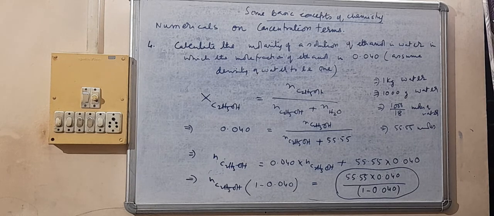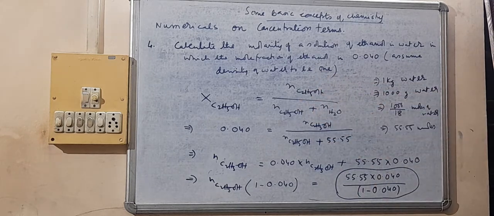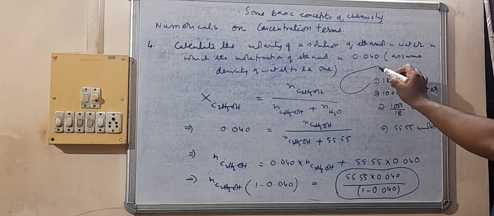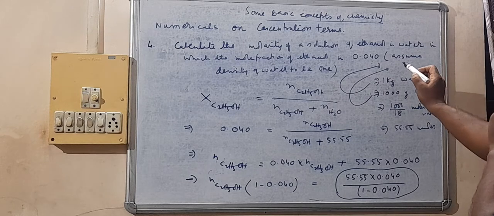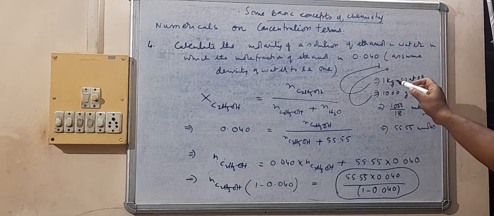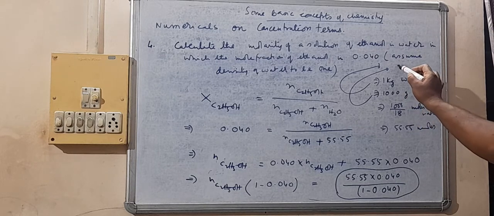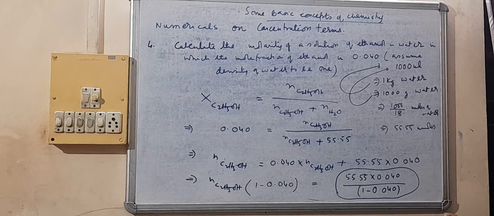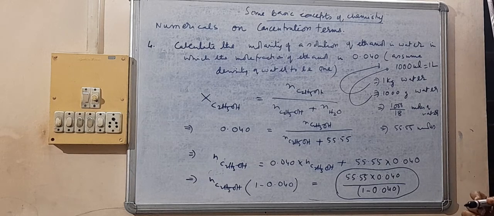Now, since density of water is said to be 1, 1 kg of water, or 1000 gram of water, will have volume of 1000 ml. That is 1 liter.